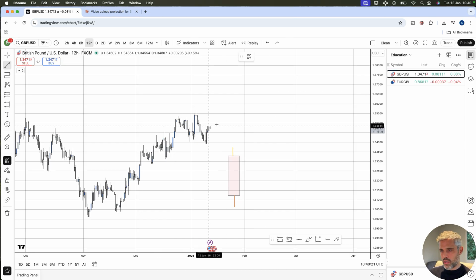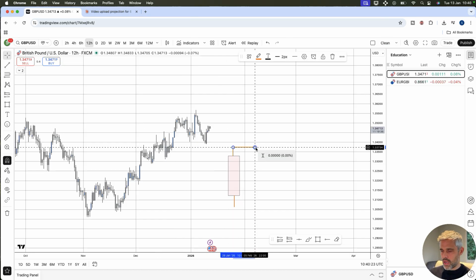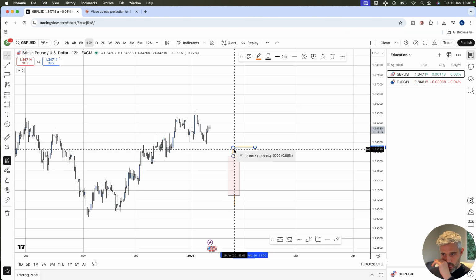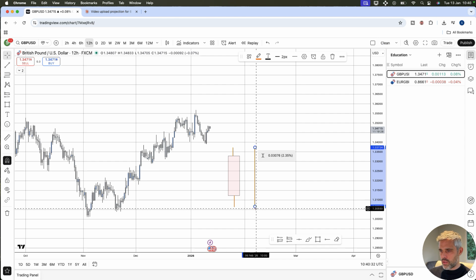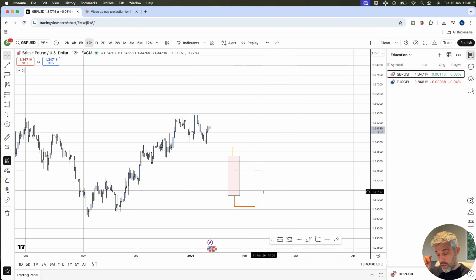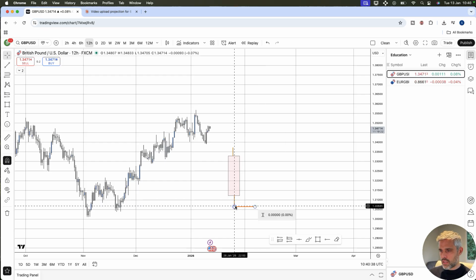What we have here is the high of the candle. So this is the highest point in this candle's range that price traded. Then we have the lowest point that price traded, so the candle's low. This seems fairly obvious for now, but let's just take the time to go through it.